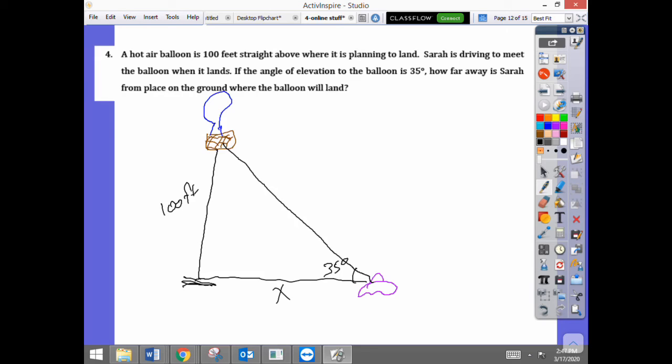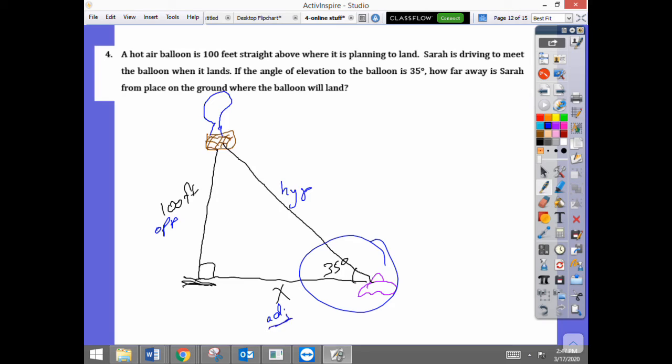The balloon is right above the ground, so that's going to make a right angle right there. Again, let's label according to this. That is a beautiful picture, isn't it? So right here I have an opposite, an adjacent, and the hypotenuse.